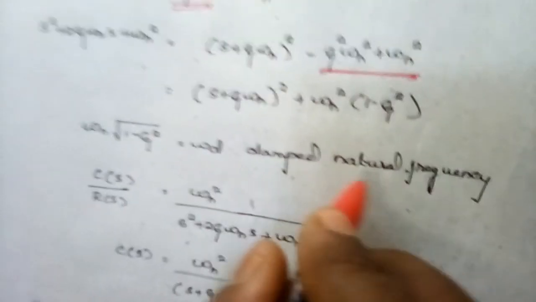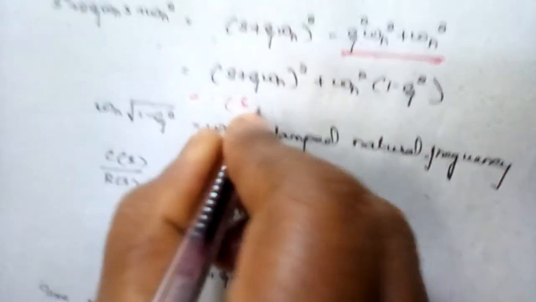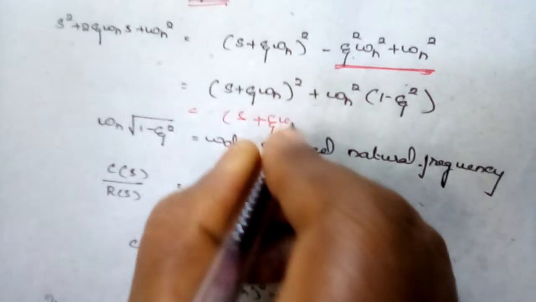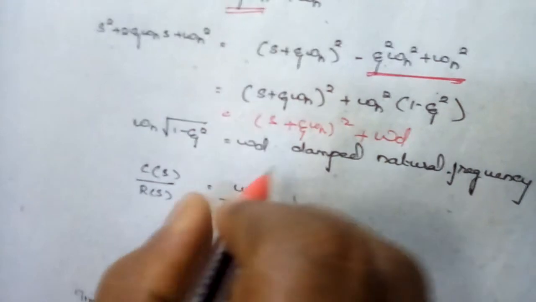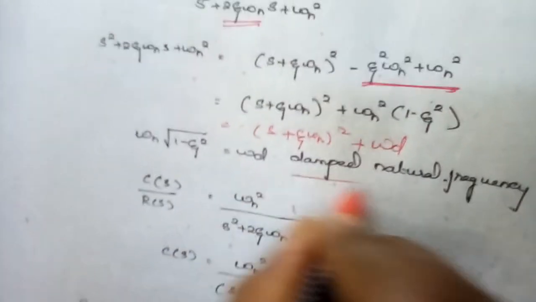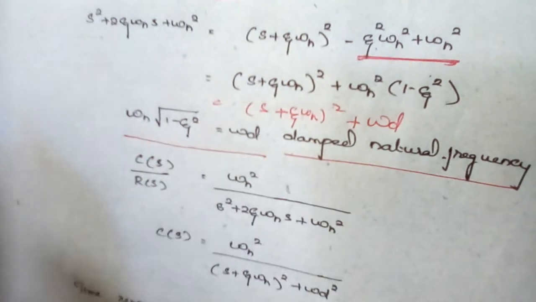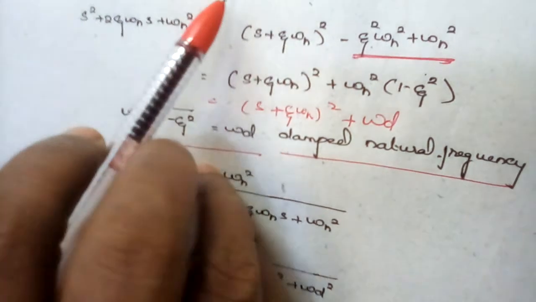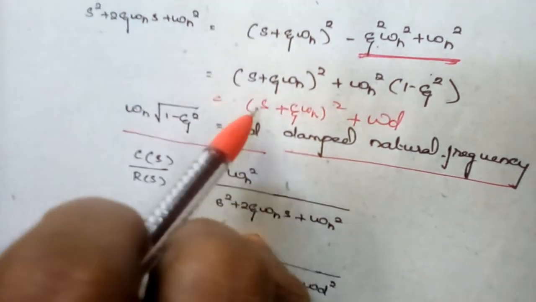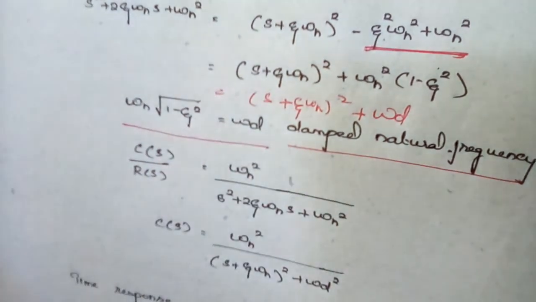And I can write this equation as s plus zeta omega n the whole square plus omega d square. This is nothing but the damped natural frequency. To get the damped natural frequency, I have taken the second order system of standard format and converted that quadratic equation in this form, and I obtained the damped natural frequency in this manner, right?